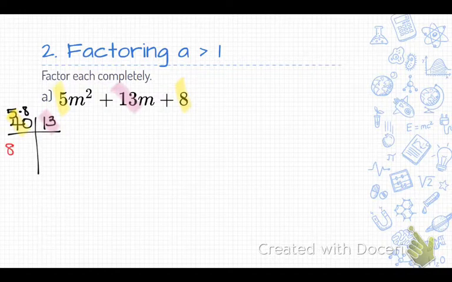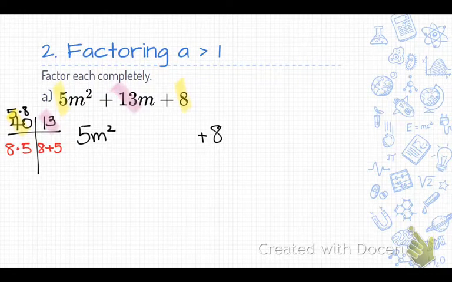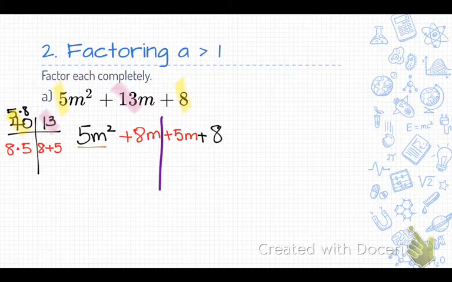So that's kind of like our little diamonds that we were doing on our homework last week. Okay. So I have my first term, my last term, and I'm going to fill in my middle terms, which are plus 8m and plus 5m. Then split it down the middle. What is the GCF of my left side?